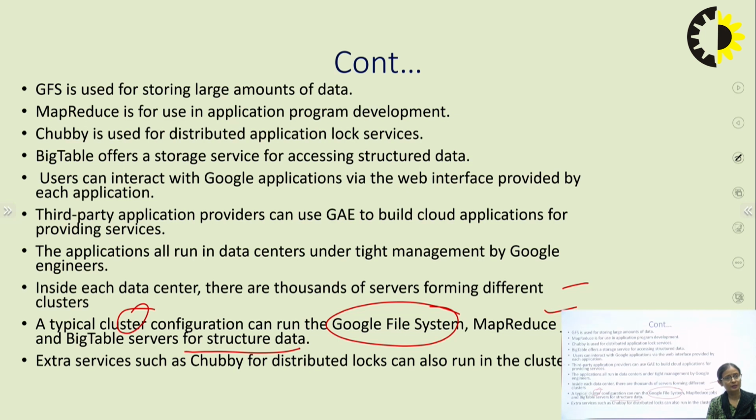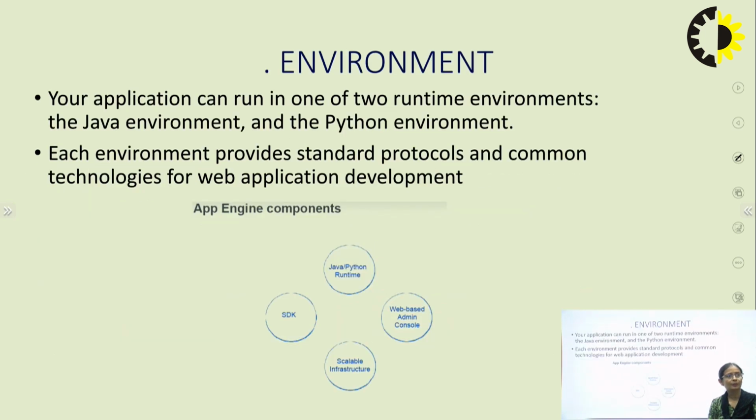Extra services such as Chubby for distributed logs can also run in these clusters. So when we say environment, our application can run only Python and Java. So we have here the SDK, web-based admin console, scalable infrastructure, and Java and Python runtime components.